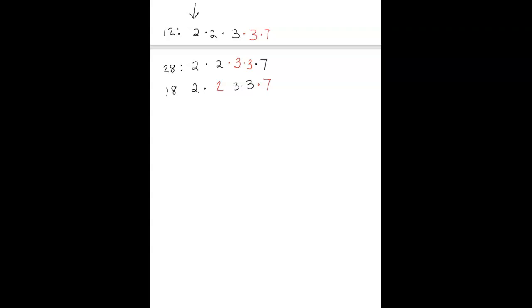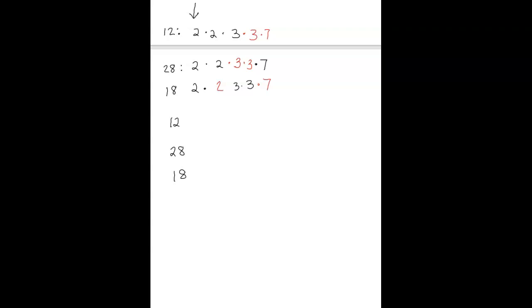So let me go ahead and change this back to black. I'm going to have 12. And I'm actually going to just leave it as 12. And then 28. And 18. And hopefully this is going to start making some sense for folks. Now I've factored this all out, right? I know what I need.